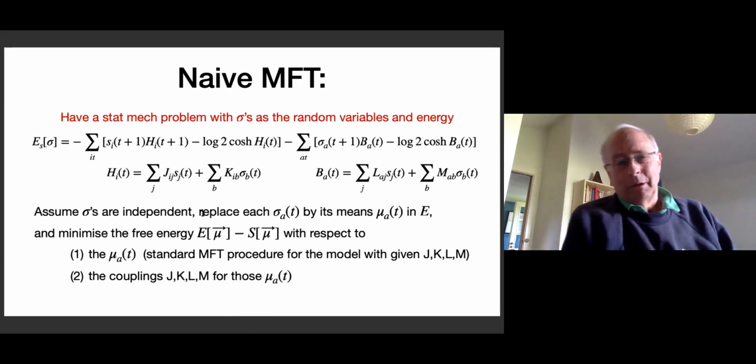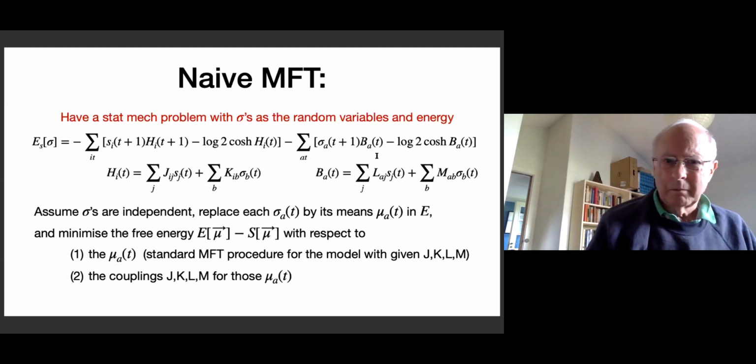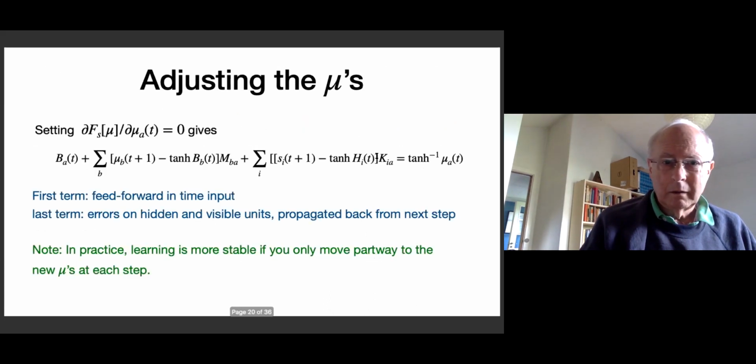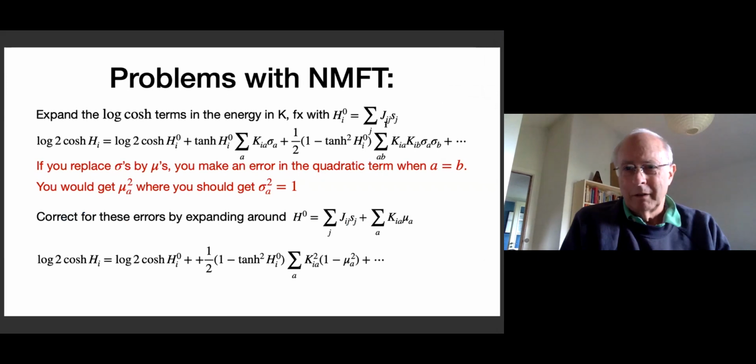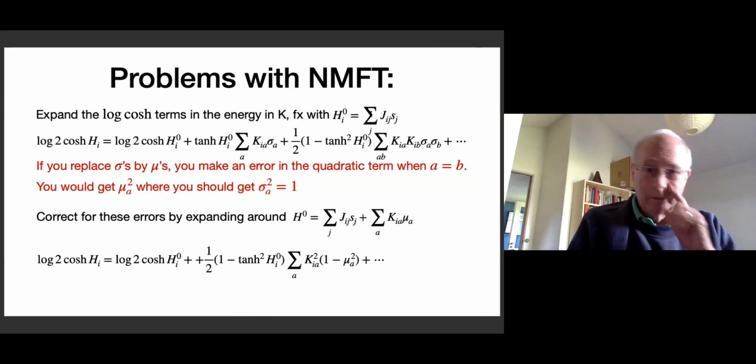So I'm going to go back to look at the terms in the energy. There's this unfamiliar looking non-polynomial term in H. And let's imagine expanding it in K. We'll expand it around, say, just the visible input to the visible units.